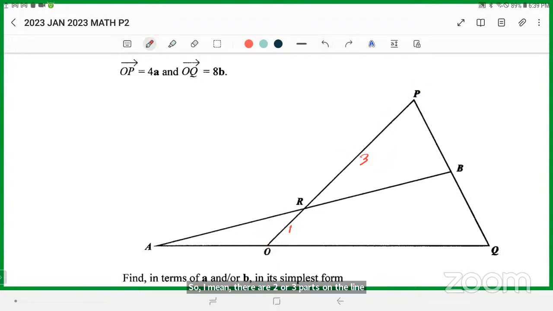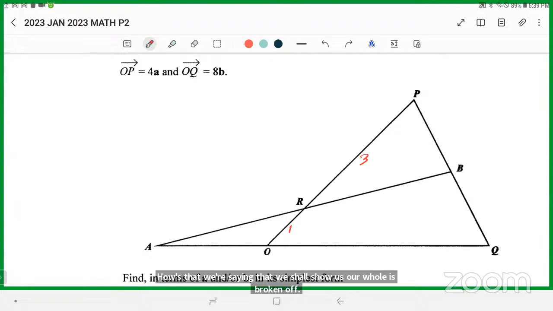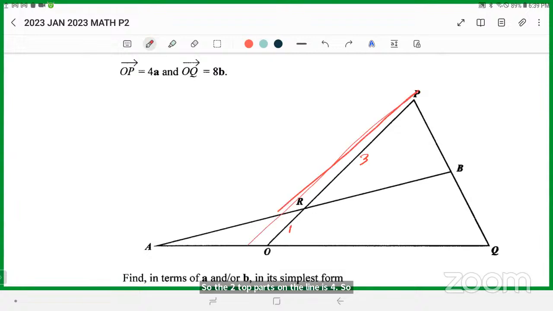That's what ratio is. Ratio shows how our whole is broken down. So the total parts on the line is 4. So in terms of the entire line OP, this piece is 1 out of 4. So this piece is 1/4 of the entire line.